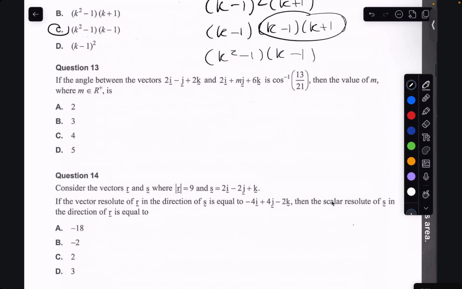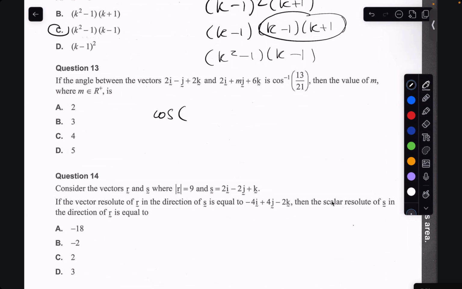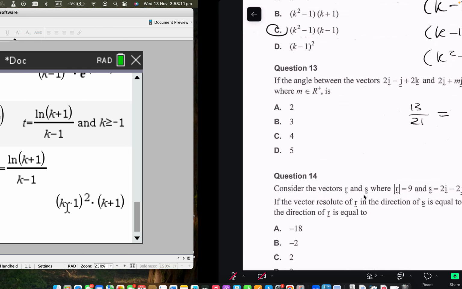If the angle between the vectors is that, then the value of m is. So remember cos of theta, and that's theta, so it would just be 13 on 21 is equal to the dot product. So let's just do this on the calculator.